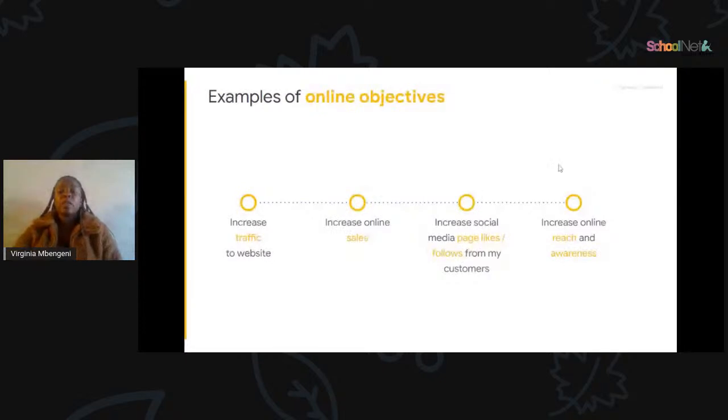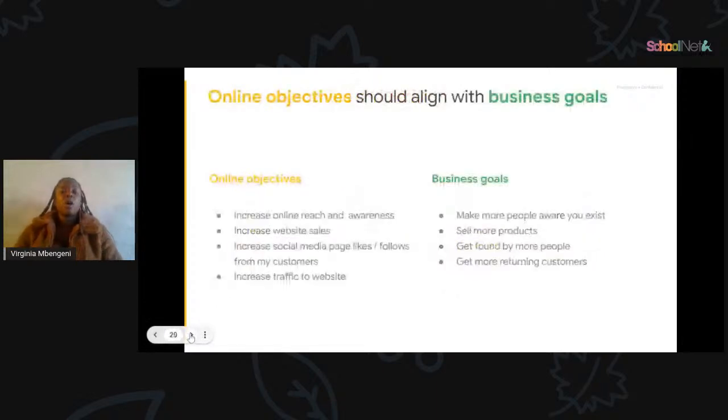And the last one, he needs to increase online reach and also awareness. Those are the examples of objectives. So let's now look at the online objectives and also the business goal. Remember, the online objectives should align with the business goal.